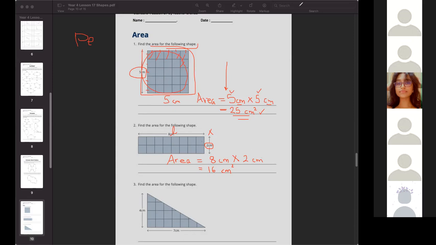Number 3. Now the triangle. The triangle is a very unique shape. Okay, so here, let me just clear a little bit. Clear the space. All right. Now guys, just imagine, look at number 1. Just imagine what I'm going to do.